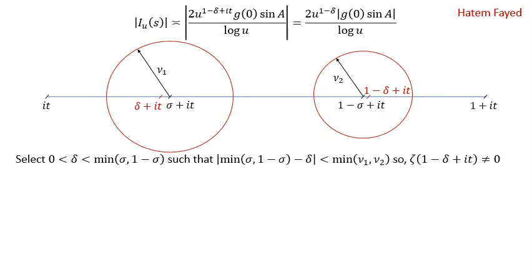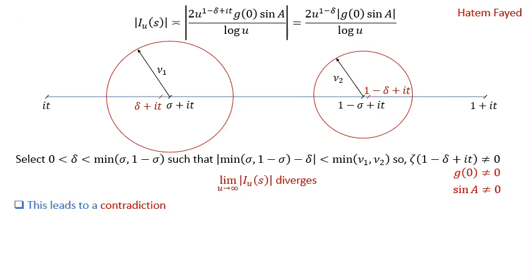So accordingly, zeta of 1 minus delta plus it does not equal 0, and accordingly g of 0 does not equal 0. And by selecting a such that sin a does not equal 0, therefore the limit of I_u as u tends to infinity diverges, which leads to a contradiction with the previous conclusion that I_u must tend to 0 as u tends to infinity.